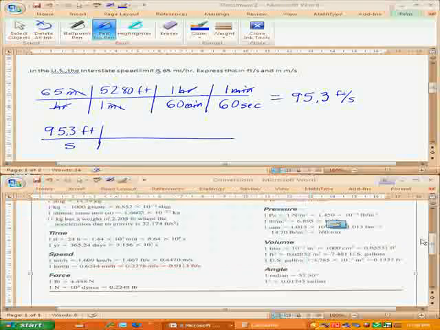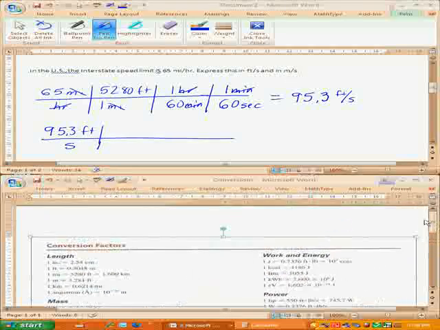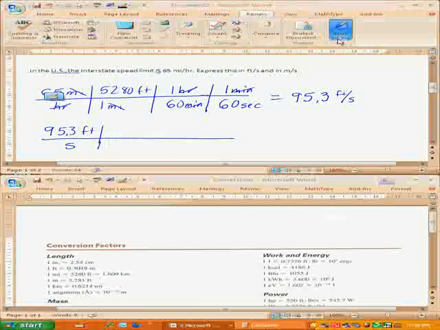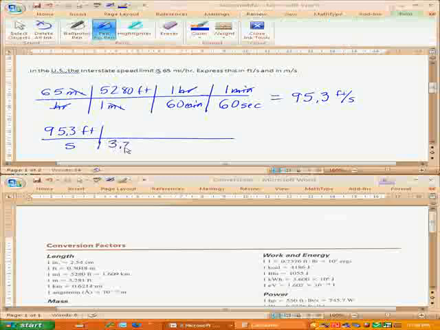So the relationship between feet and meters, again, is right here. 1 meter equals 3.281 feet. So this time I'm going to put my 3.281 feet on the bottom and the 1 meter on the top. I did that because I want the feet to cancel out.